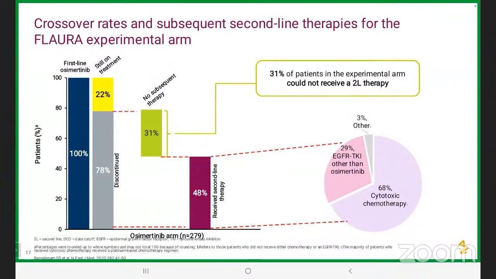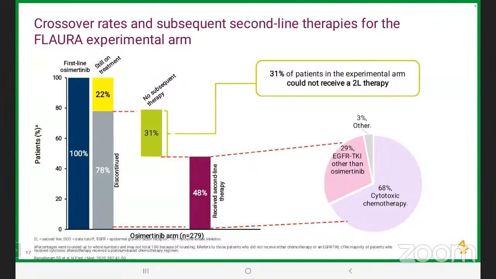Now, in the FLAURA study, when the subset analysis was done, and they tried to understand the crossover rates and subsequent second-line therapies for the FLAURA experimental arm, they got to see that 68% of the patients actually received a cytotoxic therapy. And 22%, 29% of the patients received EGFR TKI other than osimertinib.